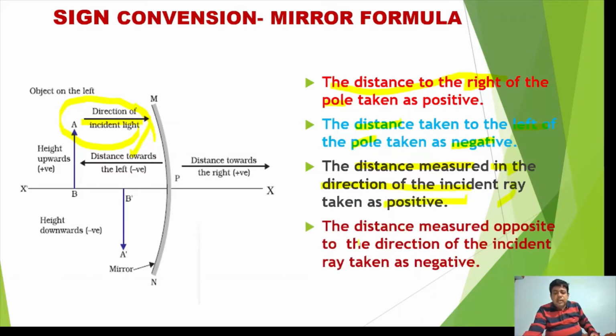And the distance measured opposite to the direction of the incident ray is taken as negative. Here you see, this is opposite to the direction of the incident ray, taken as negative. Understand?